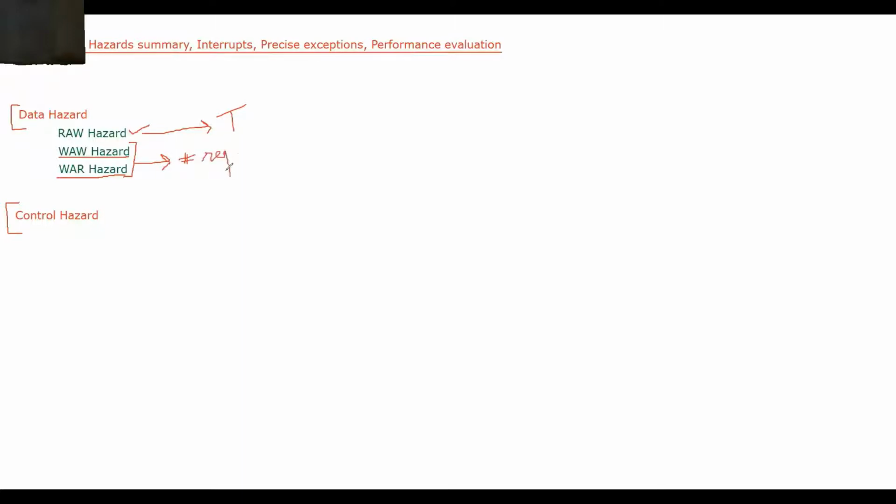If we have an infinite or large number of registers, then we can easily remove this kind of dependency. We have already discussed how that can be removed. Another solution to the WAW and WAR hazards is register renaming.